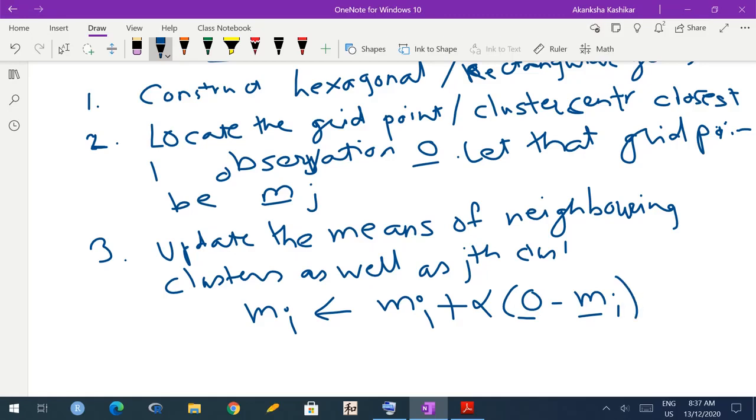Mi is updated as Mi plus alpha times (O minus Mi).